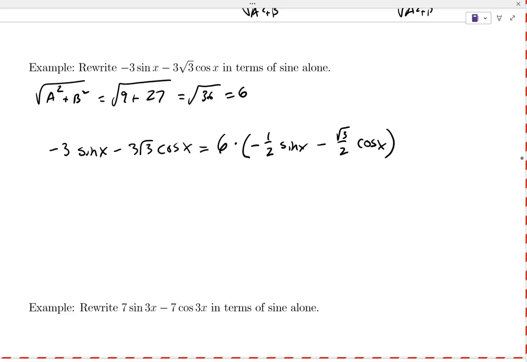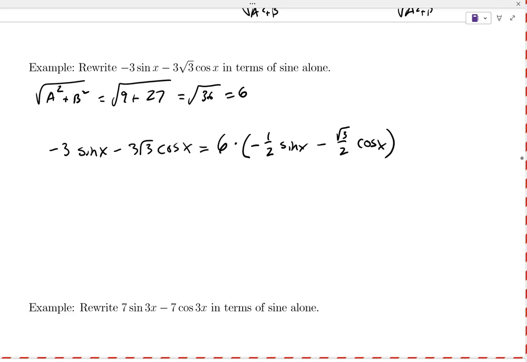So again, remember, we're going to multiply by that square root of a squared plus b squared out in front, and then we're going to divide each of the coefficients by that square root of a squared plus b squared. 3 over 6 is 1/2. 3 root 3 over 6 is root 3 over 2. Okay? That's step 1. Figure out that square root of a squared plus b squared and multiply and divide by it. Okay.